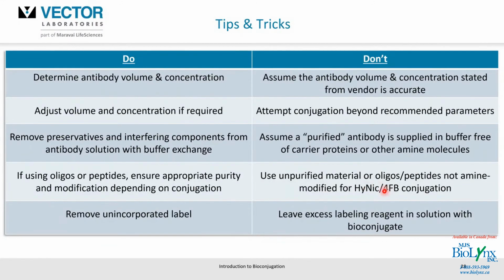And certainly for the HyNic and 4FB conjugation methodology, make sure they are amine modified so that you can link the 4FB onto those, or the HyNic onto those given molecules. And at the end, I would highly recommend removing unincorporated label. And don't leave it around. That can cause a lot of problems with perhaps interference with binding subsequently, or high background or something like that.